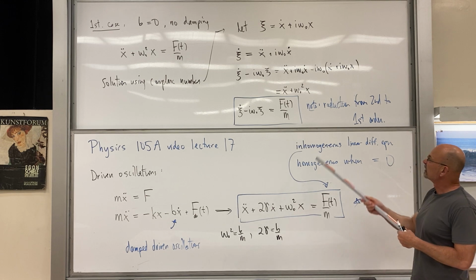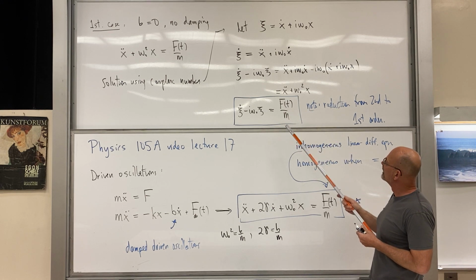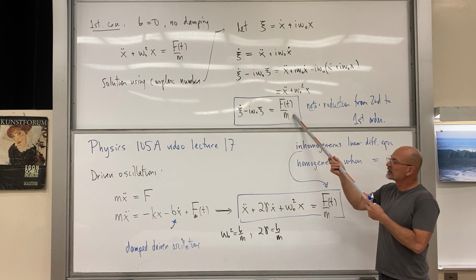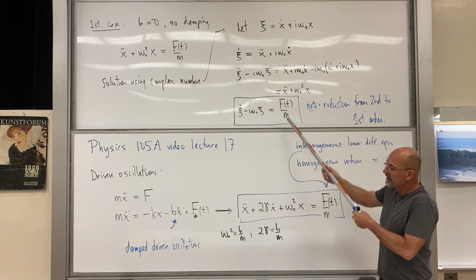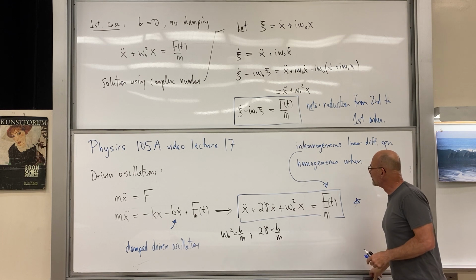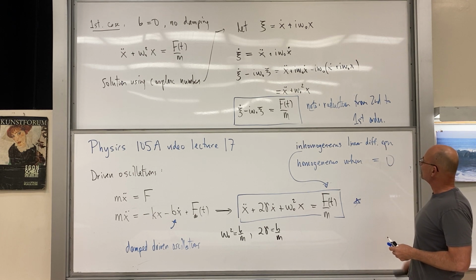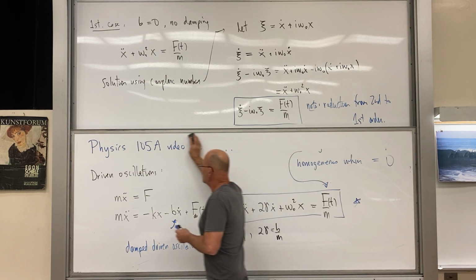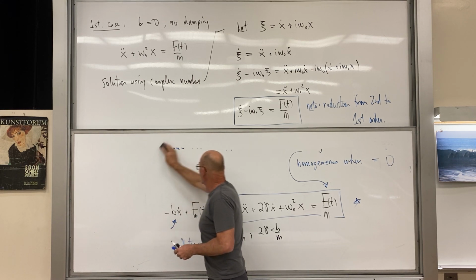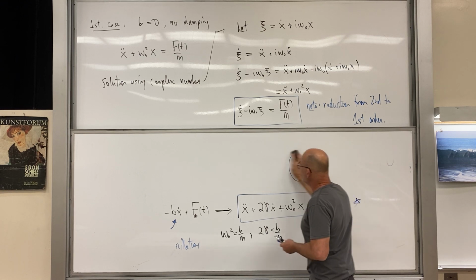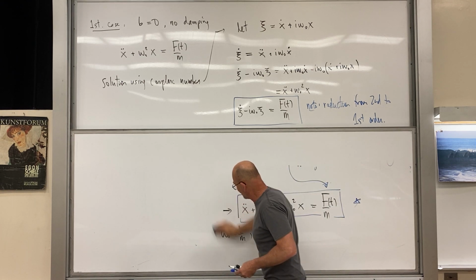Now, just as with our original equation, it's inhomogeneous, and the homogeneous solution would be very easy to find. So that's what we're going to do next. So we're trying to solve the equation in the black box.